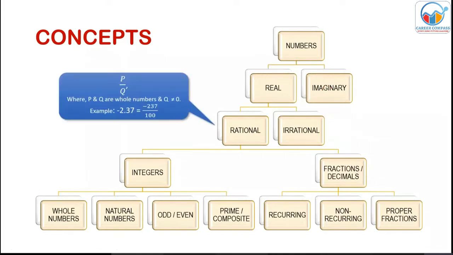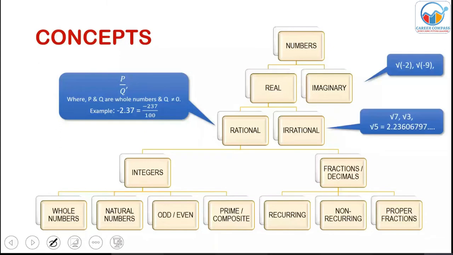Just to tell you about some typical definition of numbers, we call a number rational number when the number can be expressed in the form of p by q, where you see p and q are integers and q is not equal to 0. Similarly, we can have expressions of irrational numbers where we are taking square root of non-perfect squares.